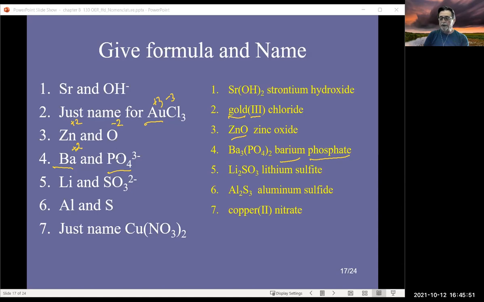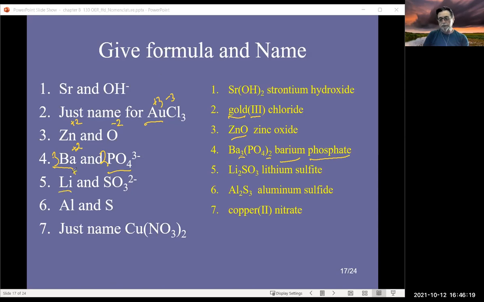The polyatomic is a -3. So we have to find a common number, which is 6. So we need 3 bariums and 2 phosphates. And that's why our subscript for barium is a 3 and the subscript for phosphate is a 2. Okay. So we have sufficient negatives to cancel out the positives.